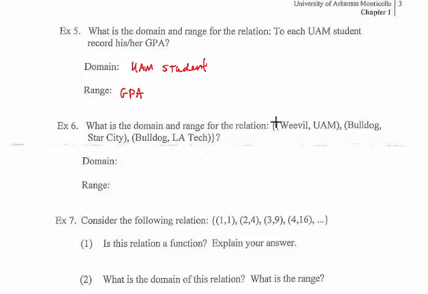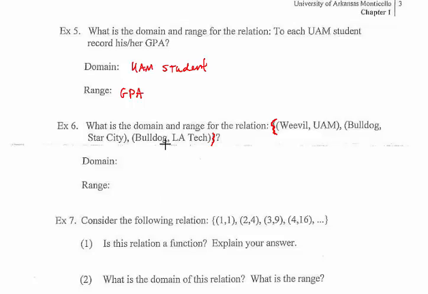Example 6, we're given a set of ordered pairs. Anytime you hear the word set in algebra, a lot of times it can be followed by some squiggly brackets, and inside the brackets we have the elements of our set.